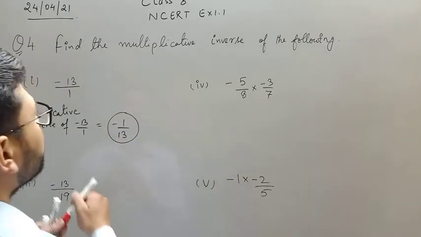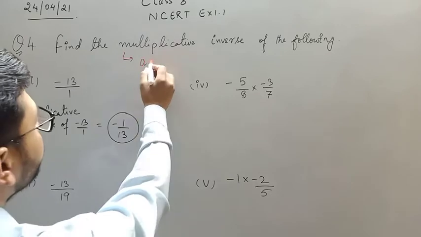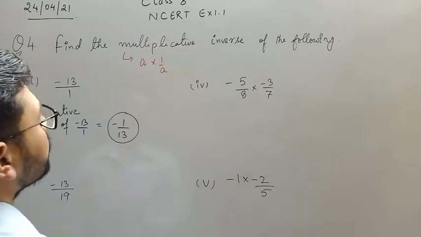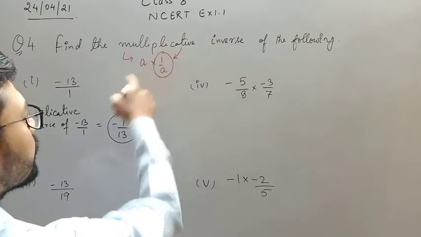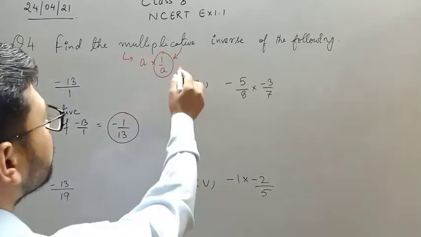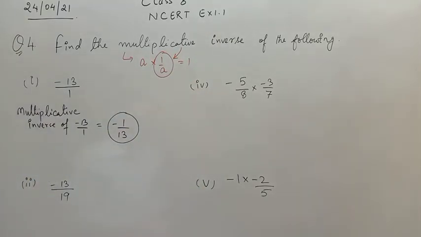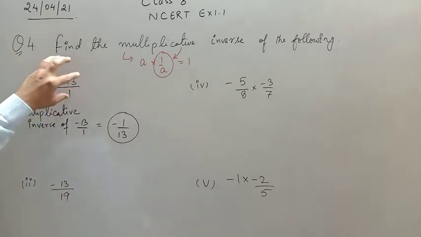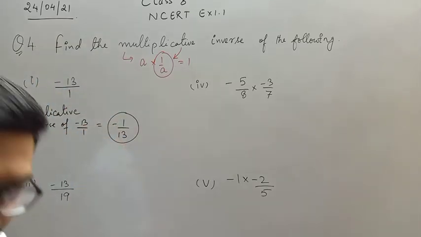Because multiplicative inverse says if there is a number a and if you multiply it with 1 upon a, what is 1 upon a? 1 upon a is the multiplicative inverse of a. The result comes out to be 1. Any doubt in this? So multiplicative inverse of minus 13 upon 1 is equals to minus 1 upon 13. Okay.